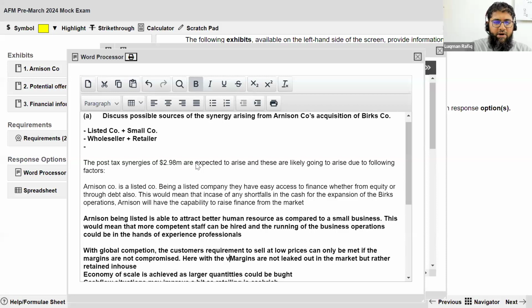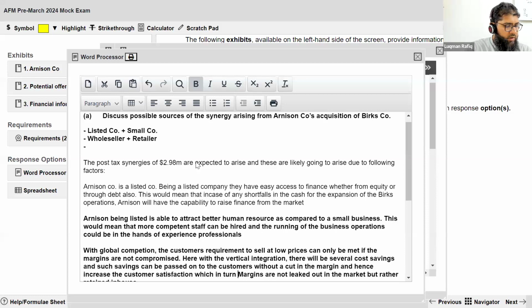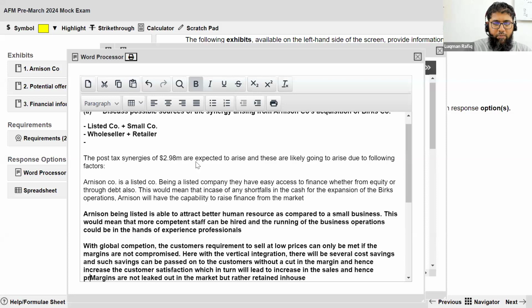Here, with the vertical integration, there will be several cost savings, and such savings can be passed on to the customers without a cut in the margin, and hence increase customer satisfaction, which in turn will lead to an increase in sales and hence profits.